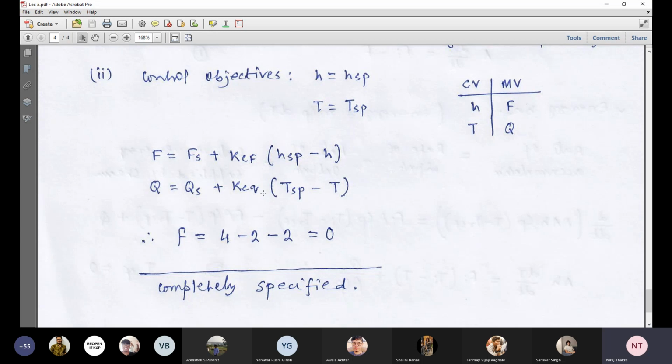Just for the time being, remember these are constant values, and you need to specify these constant values in this equation. These are steady state values, as I told you.